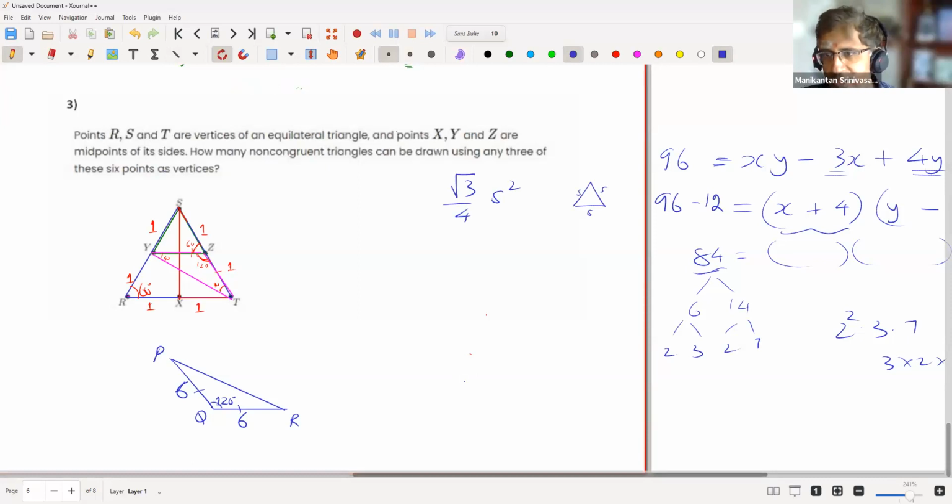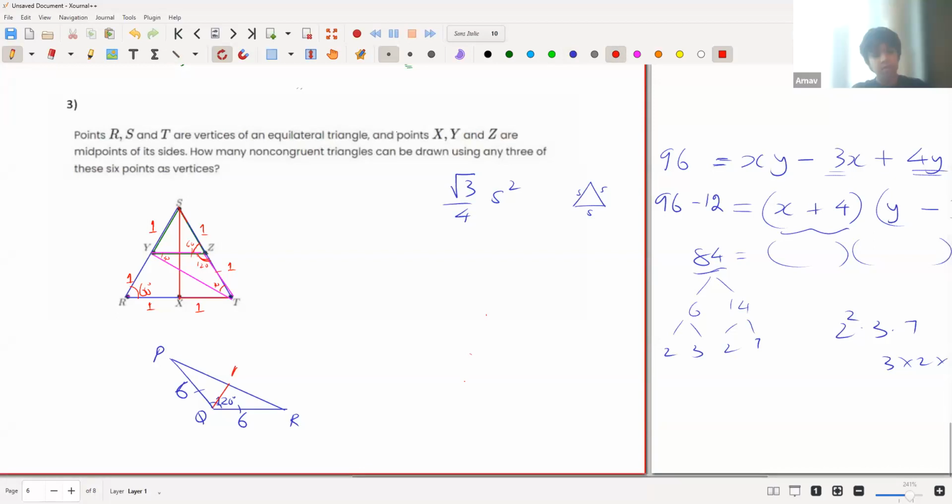Can anyone else tell me why it's 6 root 3, please? Sana, can you tell me why PR is 6 root 3? Go ahead, please, Arnav. Sir, let's put a perpendicular line from Q to between P and R, and name it A. Then this will form a right angle triangle, and the ratio of the sides is 1:√3:2.